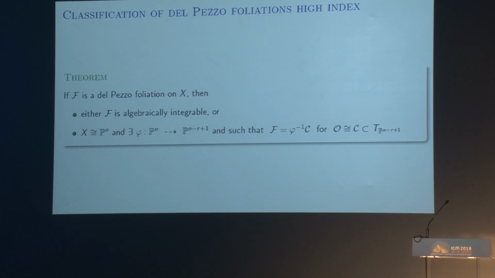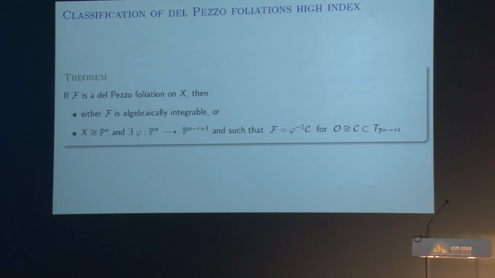As I said, we also classified Mukai foliations, those with index r-2. Again, we observed that there were many cases where the foliations were not algebraically integrable, but they were not so far from being algebraically integrable.